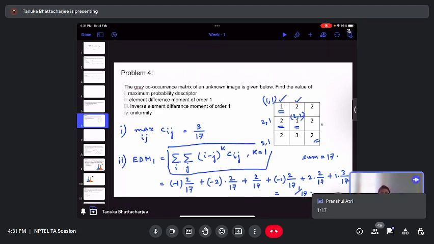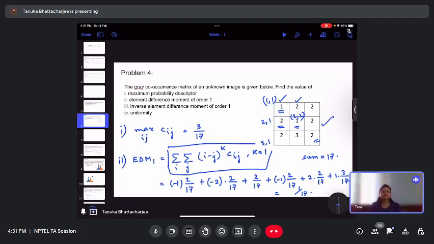This matrix is the Gray co-occurrence matrix. This matrix is in the original form. You will have to take the normalized matrix in order to compute all these features. So how do you normalize? You just divide each element by the sum of all elements in this matrix. So here if you sum up all the elements, you will get 17.